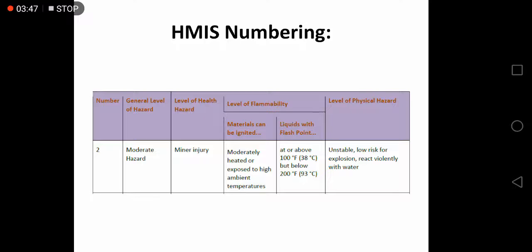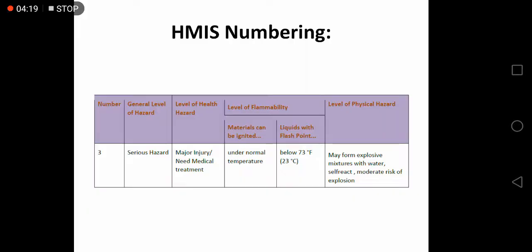When heated or exposed to high ambient temperature, materials can be ignited, and liquids with flash point above 100 Fahrenheit or below 200 Fahrenheit can reach fire. These are unstable, meaning low risk for explosion, or react violently with water.